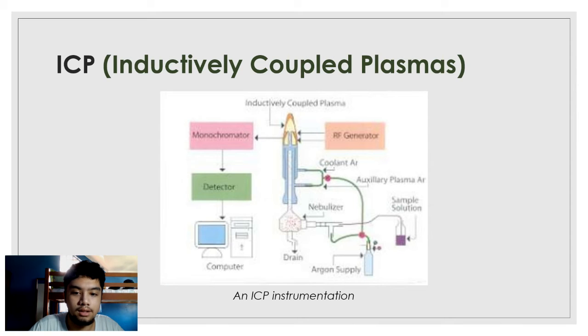The plasma is then emitted and transferred to the monochromator. The monochromator will send data through the detector.